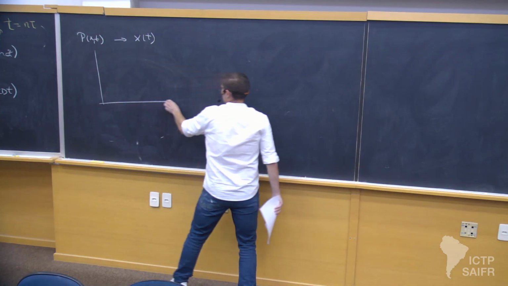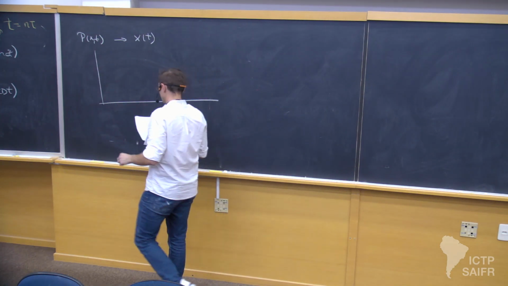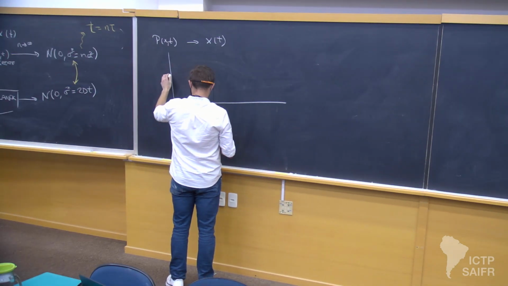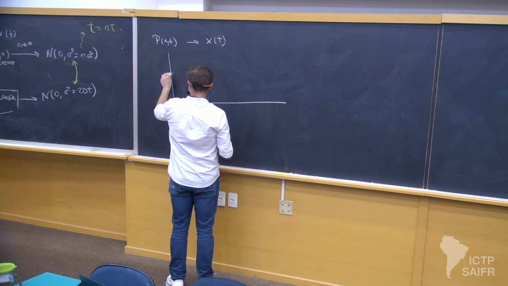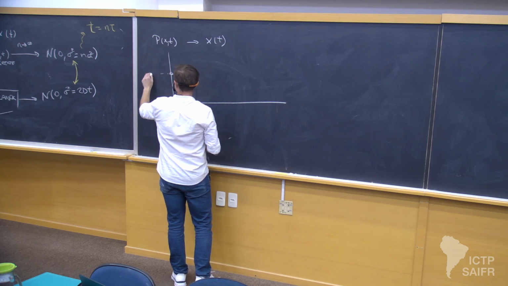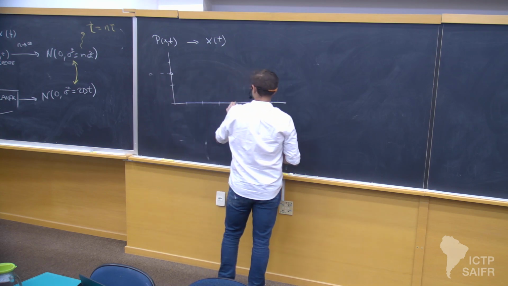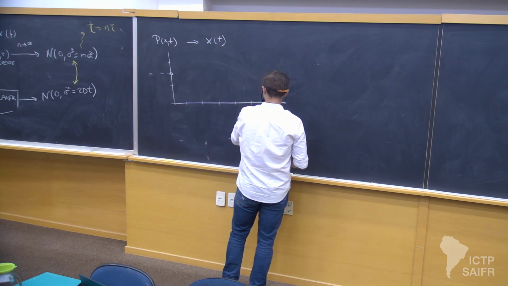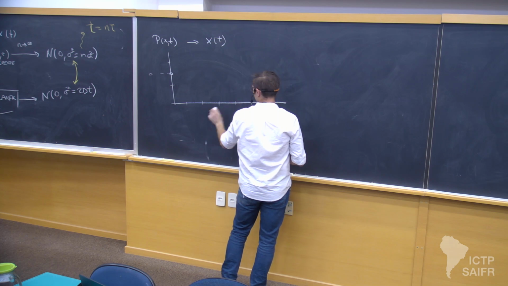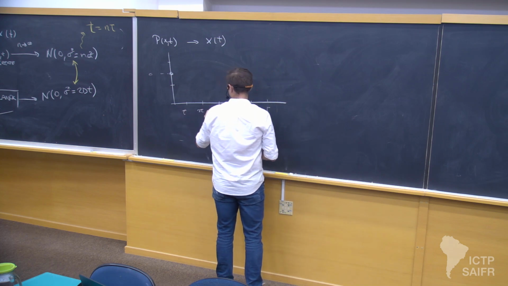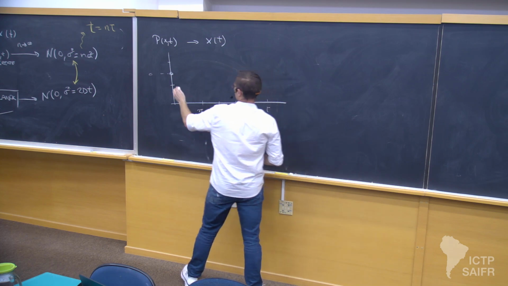And what I'm going to do is start with a trajectory, let's say, of my random walk, where I start here at my 0, and I have all my a's, and this is tau, 2 tau, 3 tau, and so on and so forth.